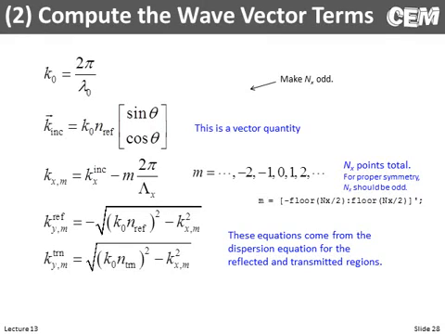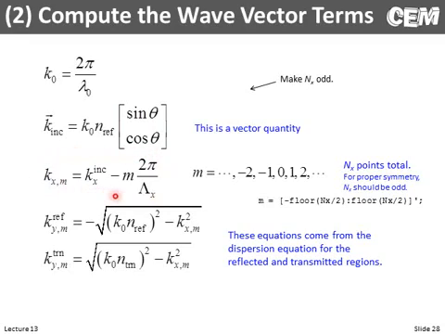The next step in this algorithm is to calculate all the different wave vectors, and we're in a position to do that because we know the material properties in those regions. So we can calculate the free space wave number. We can calculate our incident wave vector. We'll know the period of our device, so we can calculate the entire expansion of transverse wave vectors.